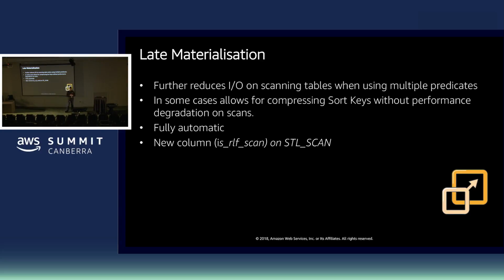A new column called isRLF_scan on STL scan table tells you whether we used late materialization on a particular query, and you can figure out how many late materialization queries I've run and how much I/O you have saved. And every I/O saved is a query running faster on Redshift.